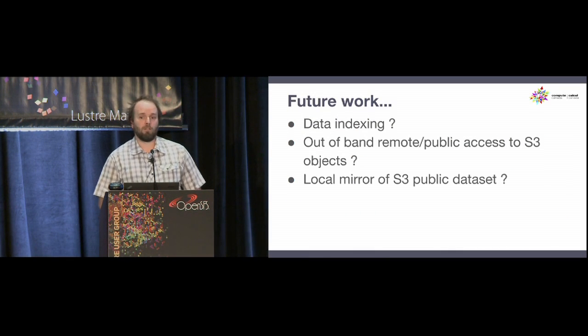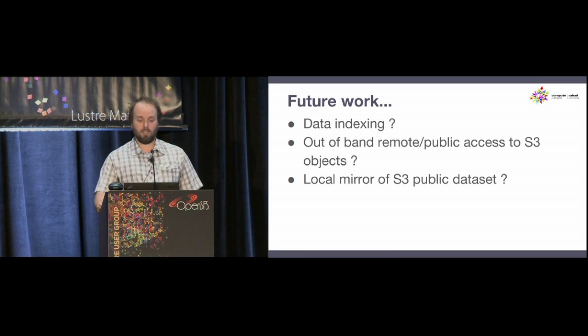And future work that we would like to address with this project, we thought about data indexing. Since when we're archiving files to S3, we already have to parse the whole content of the file, we thought maybe we should try to characterize the file and index it in an external database or a non-relational database, to make that data available directly to the users from the S3 objects, instead of forcing them to always go through the Lustre file system to access their file if they don't need the performance.